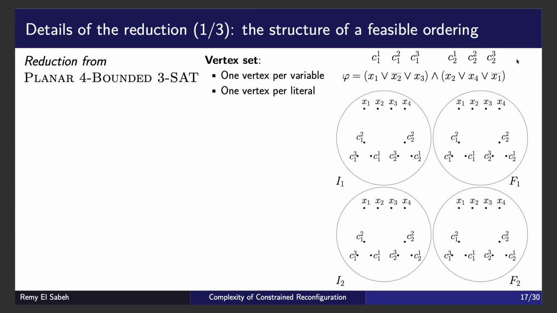So let's start with the easy part. For the vertex set, in phi, which is our Boolean formula, we have 4 variables. We'll have 1 vertex per variable, and we have 6 literals. We also have 1 vertex per literal. So the variables are at the top of each of the 4 directed graphs, whereas the literals are at the bottom, and they're grouped in triangles just to make things simpler.